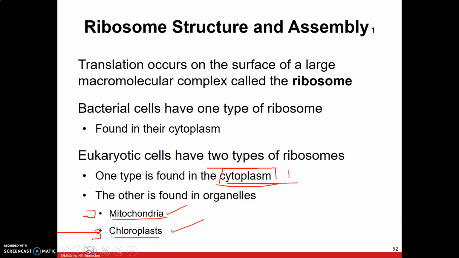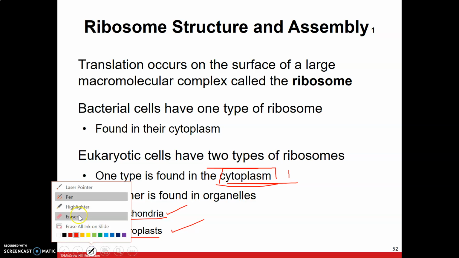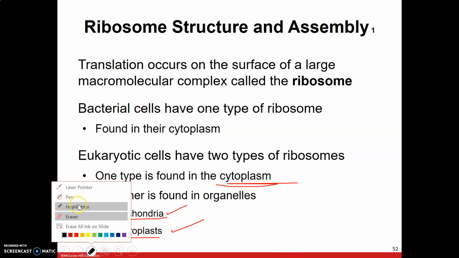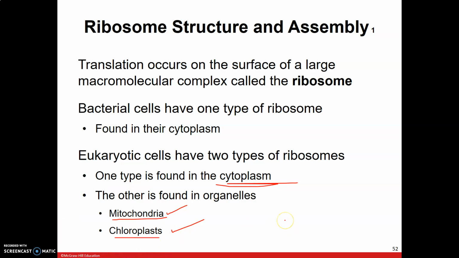Now, why do they say two types? Well, because mitochondria and chloroplasts are believed to be leftovers, or they're believed to have been brought into eukaryotic cells through an endosymbiotic event. Mitochondria are probably leftovers from purple sulfur bacteria, and chloroplasts from cyanobacteria.